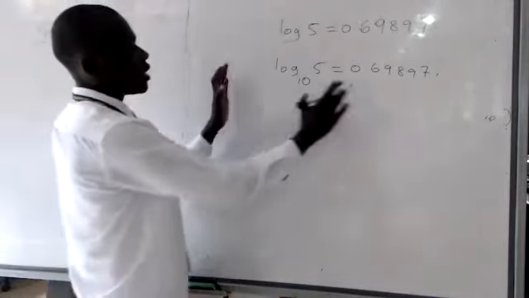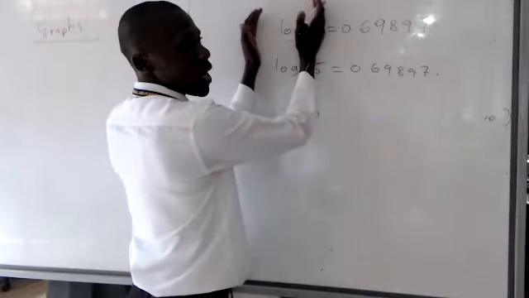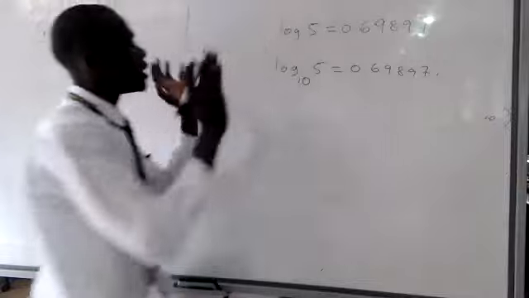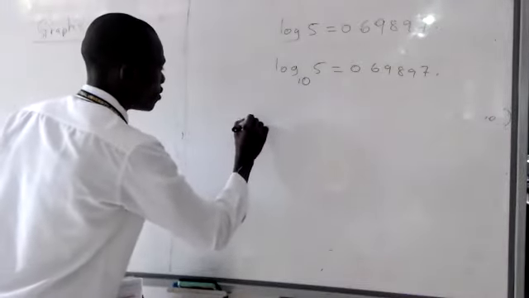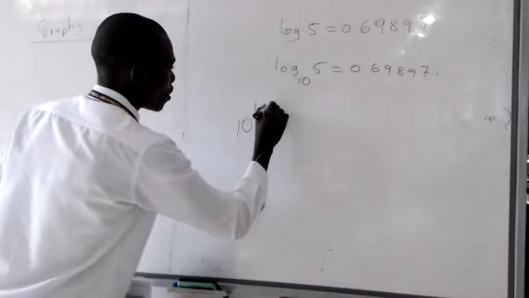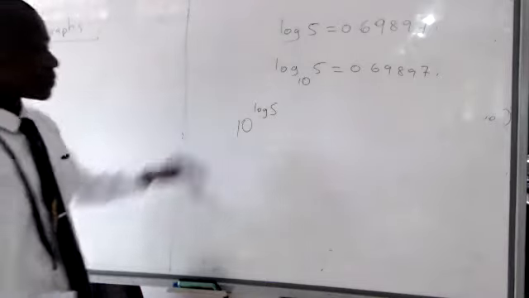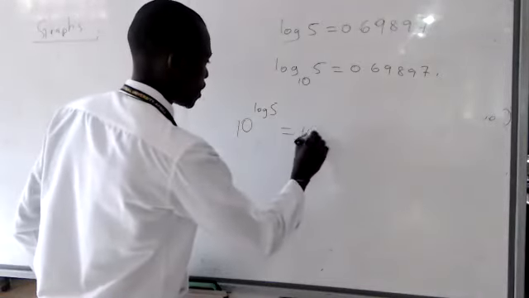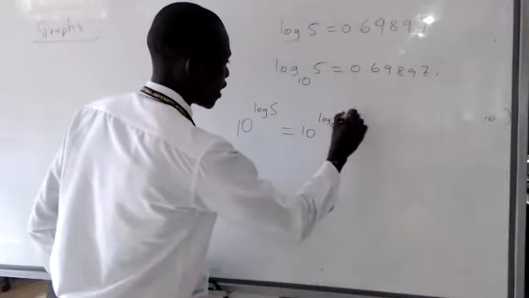Now, let us do this. To this log of 5, apply an exponent, let's say 10. What is 10 raised to log of 5? Let's see what it gives us. This should be 10 raised to log to base 10 of 5.